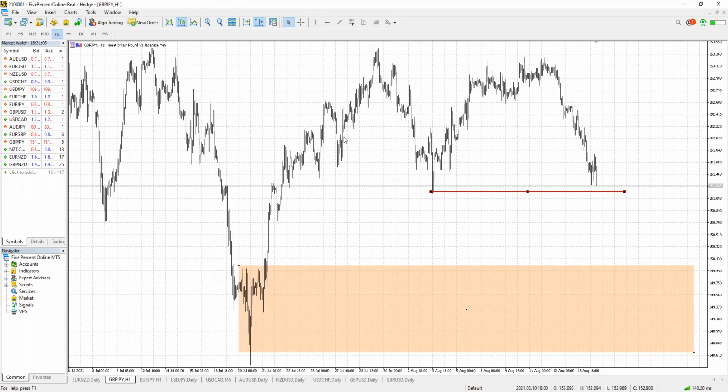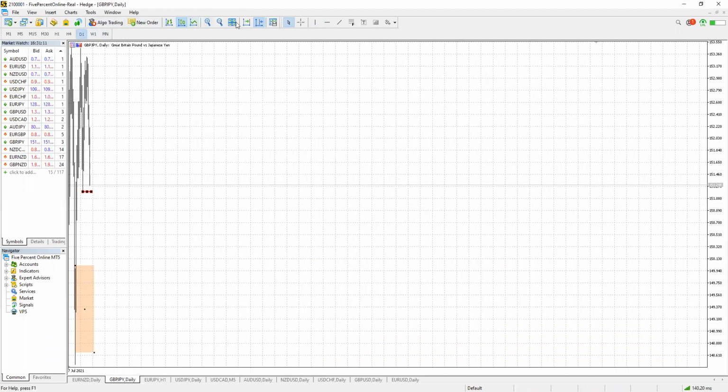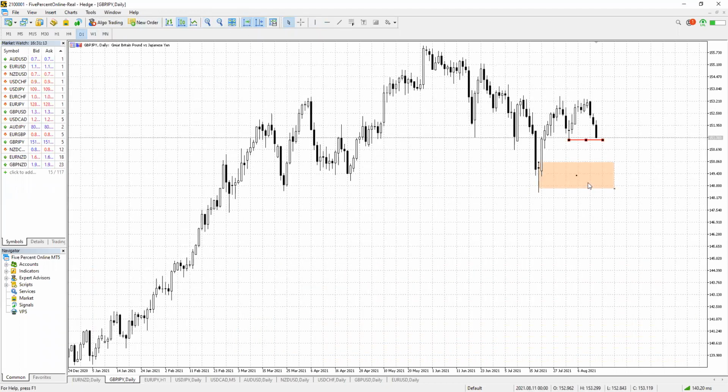And from that area, as long as we don't change in structure on the dailies, I want to be a buyer here because we have been buyers, buyers, buyers. So probably at these levels, we will have some news or fundamental to prevent this market from breaking those lows. So I want to be a seller until that level right there.